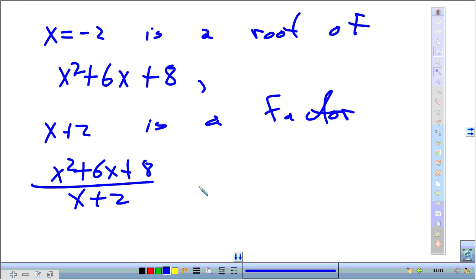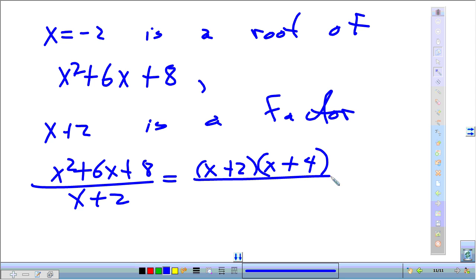I could use synthetic division or other methods. In this one it's a fairly straightforward factorization. I know one of the factors has to be x plus 2, so that leaves the other one as x plus 4.